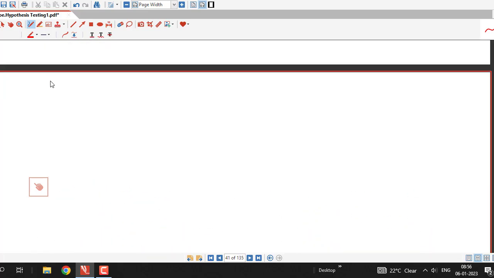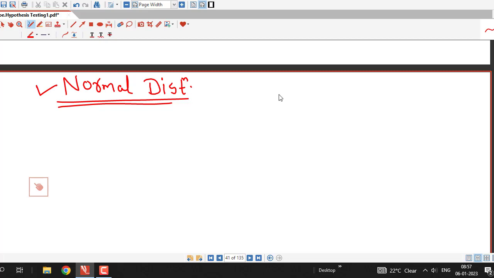Now for the two sample t test, we have to add one more assumption, that the populations from which we are drawing samples must follow normal distribution.